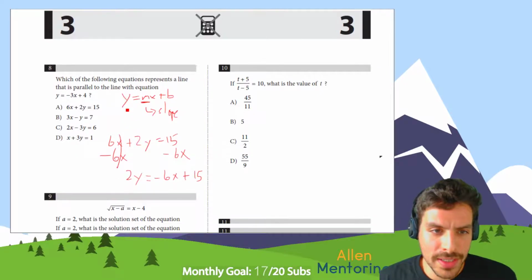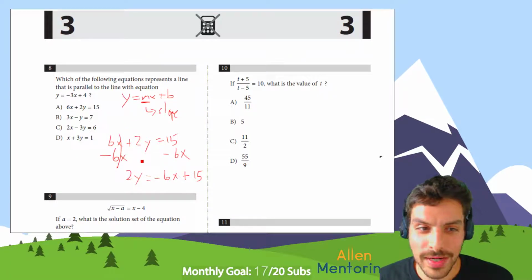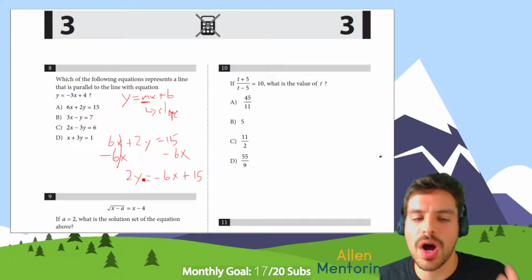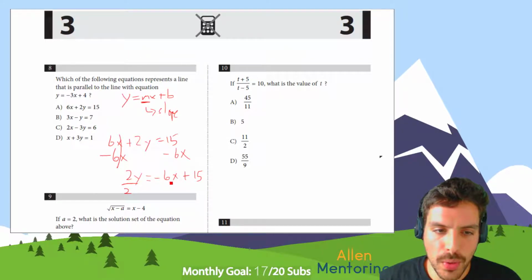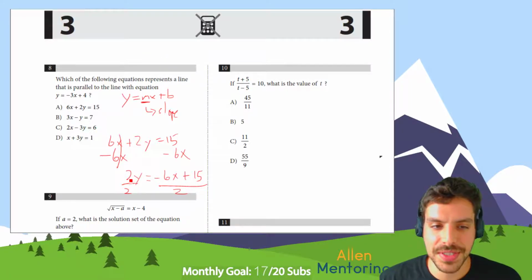And now, again, to make it look like this equation, I have to have a single y. Okay, not 2y, not 3y, not 1/2 y, just positive 1y, just a single y. So to get that, I would divide both sides by 2, okay, because it's 2y, so I want to do the opposite.